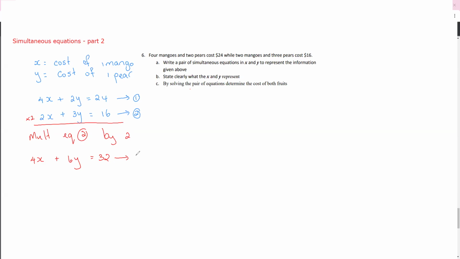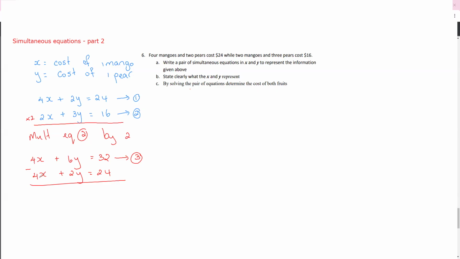So we're going to label this equation 3. Now we generated that equation in order to match the other one, which has 4x. Now, in order to make this 0, now that they're the same, we could subtract them.